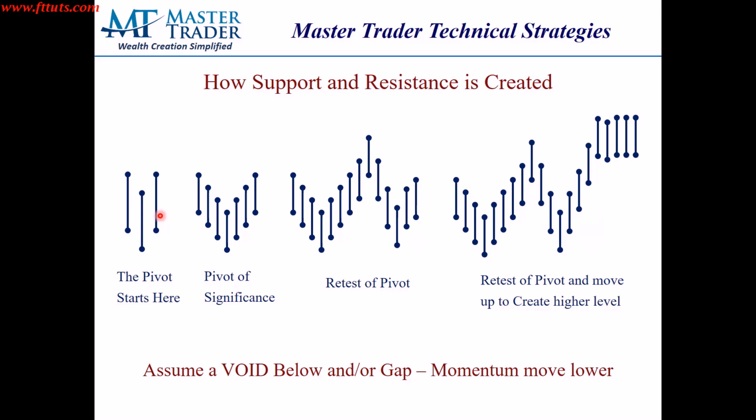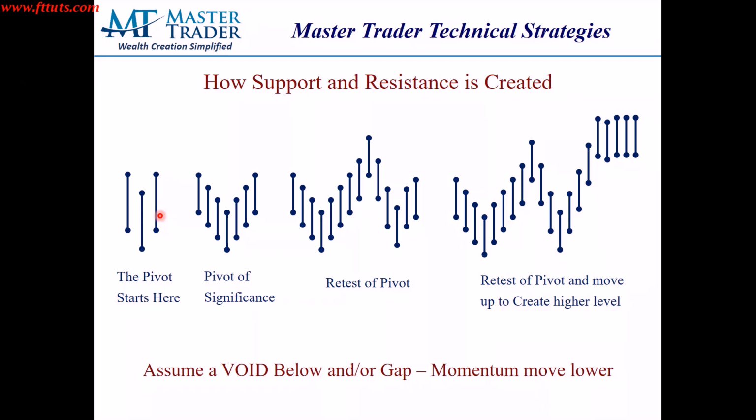I've seen others that look at pivotal points in a somewhat similar way, and they might say, well, you need 6 bars or 12 bars or whatever it might be. But I found that having a minimum of 3 works out really well for calling it a pivot of significance.